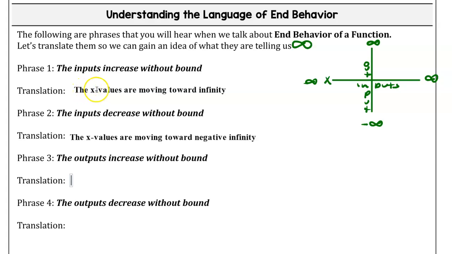We're talking about going up this direction towards positive infinity. So it's the same statement up here as the x values moving towards infinity, but now it's the y values. So the y values, or the f of x values, are moving toward infinity. Right?